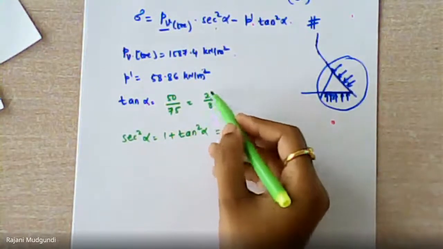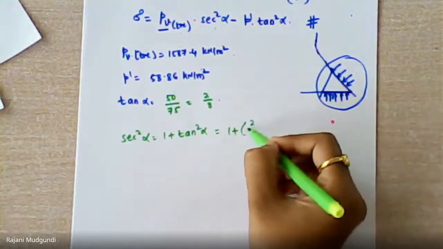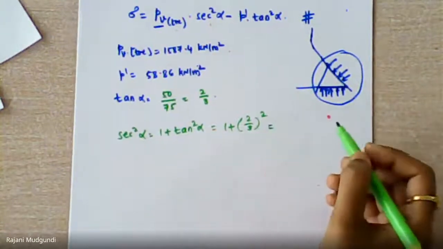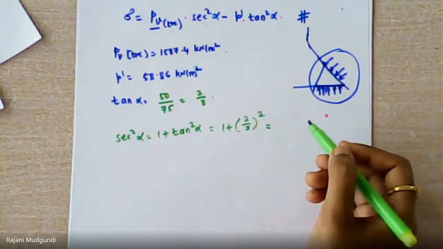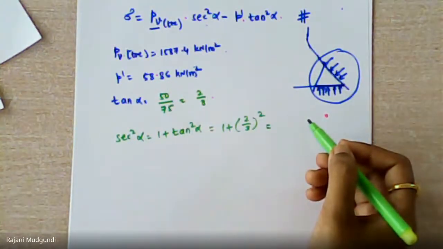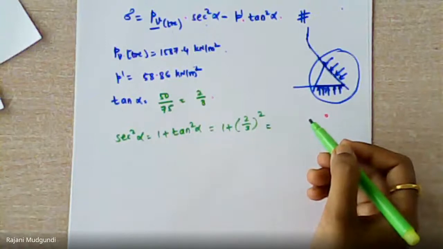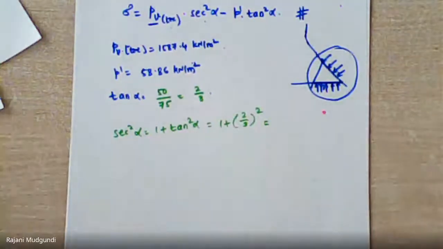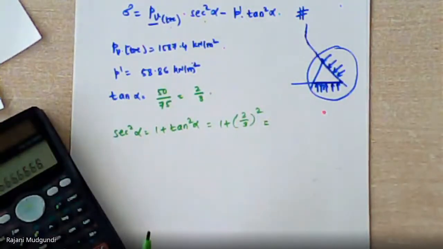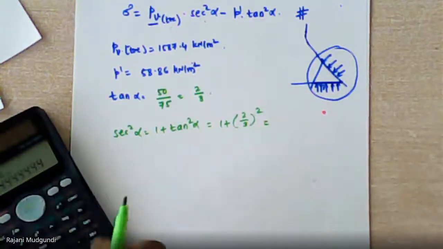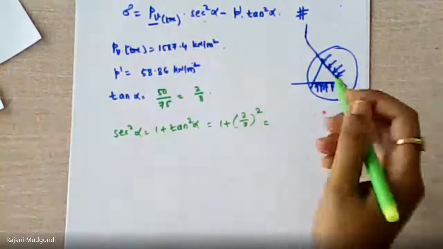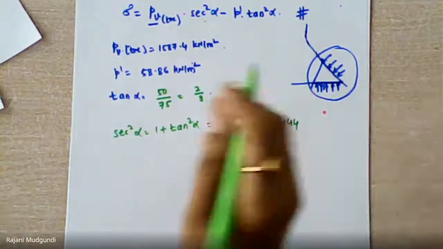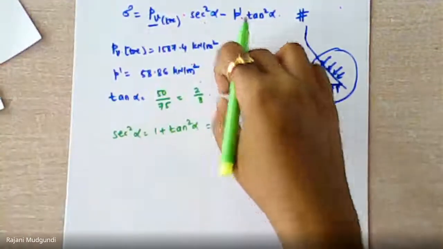So 1 plus tan alpha value is 2 by 3, so tan square alpha is 2 by 3 square. So work out sec square alpha: 1 plus 2 by 3 square. So 2 by 3 square plus 1 is 1.444. Okay.